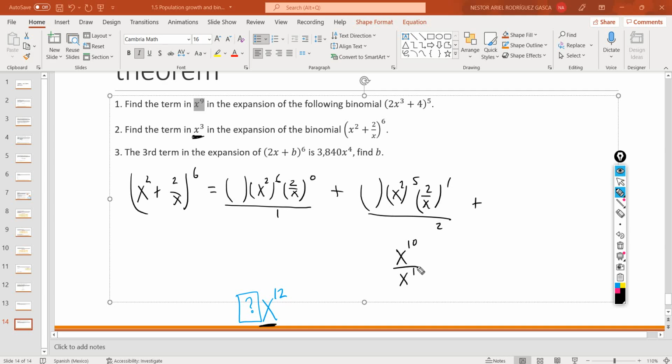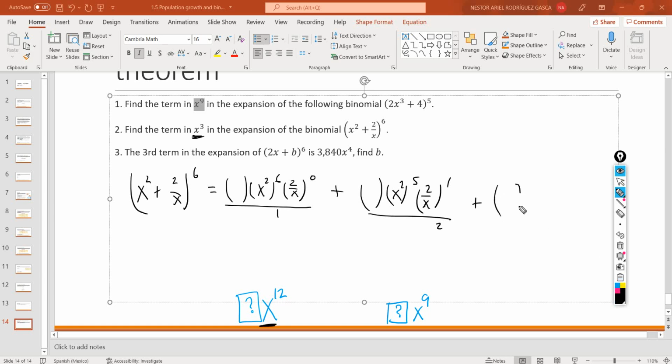And after you perform the laws of exponents and you simplify this, you will get x to the 10 minus 1, which is equal to x to the 9. So ultimately, after you simplify this term as much as possible, you will get some coefficient multiplying x to the 9. Okay, and let's do this experiment once again with the next term.